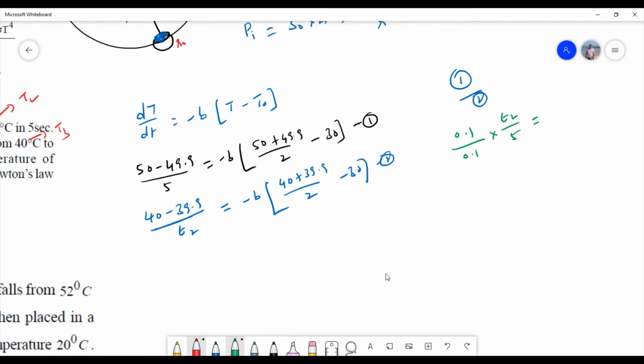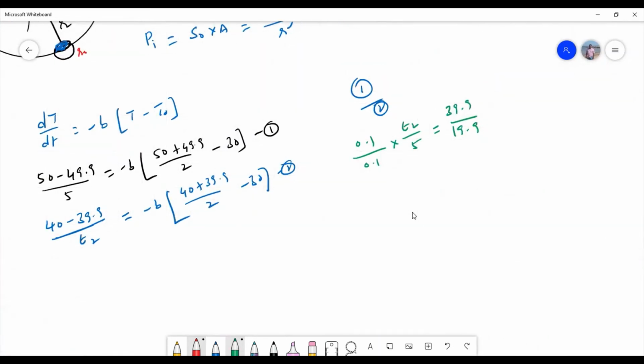So 50 plus 49.9 is 99.9 minus 60 if you take LCM, so 39.9, upon the same way 79.9 minus 60 is 19.9. Because if I take LCM, those two will get cancelled. So T2 by 5 is equal to approximately 2 times. That implies T2 is equal to 10 seconds.